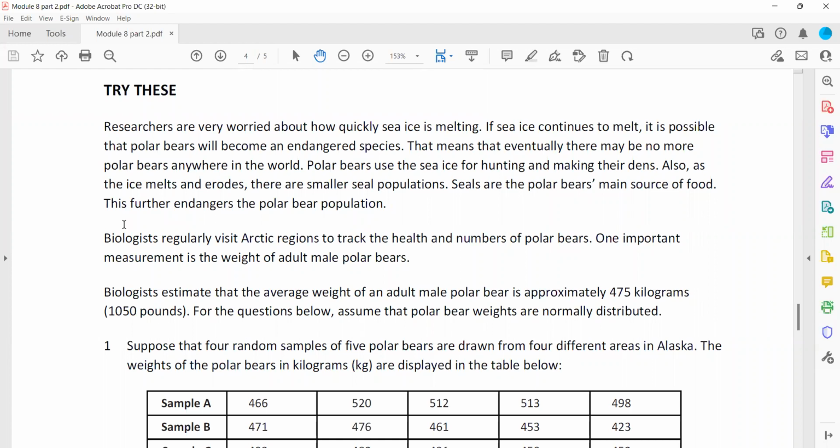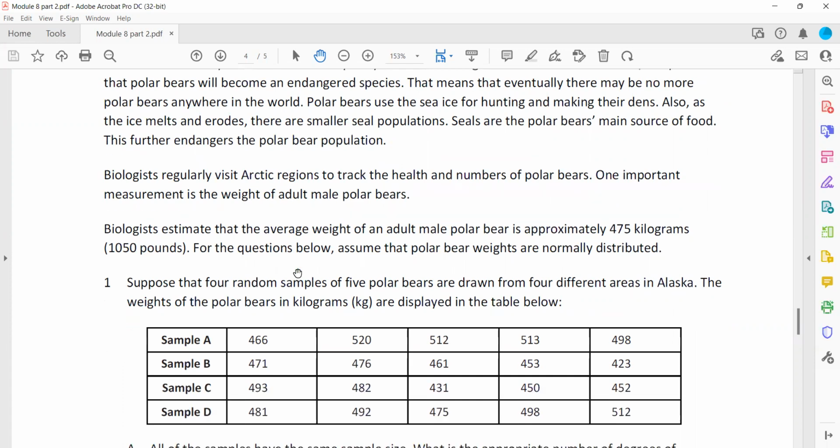Biologists regularly visit Arctic regions to track the health and numbers of polar bears. One important measurement is the weight of adult male polar bears. Biologists estimate that the average weight of an adult male polar bear is approximately 475 kilograms, which is about 1,050 pounds. For the questions below, assume that polar bear weights are normally distributed.